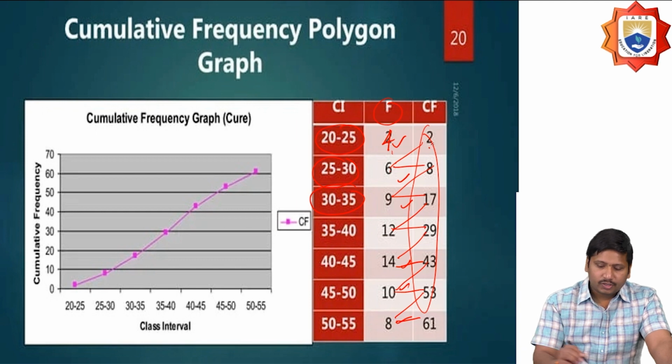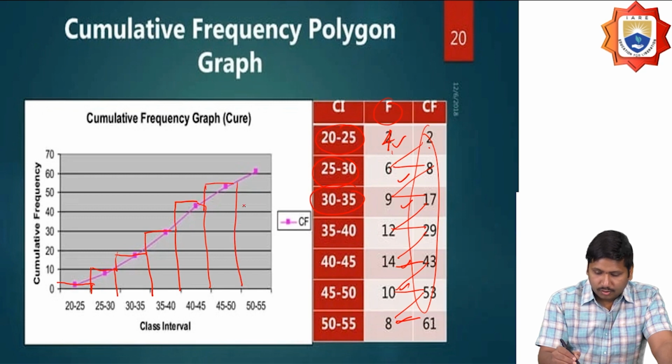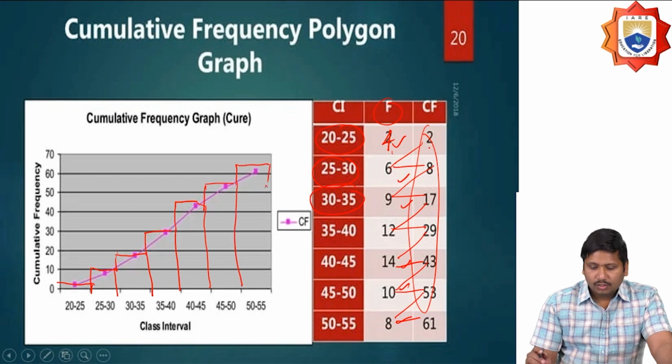From the cumulative frequency only, we have to construct the ogive graph. That should be the cumulative frequency curve. So how should it be? Between the class intervals, this should be the graph, right? It should be 2 here, and the next one should be this, and the next one this, and the next one this.